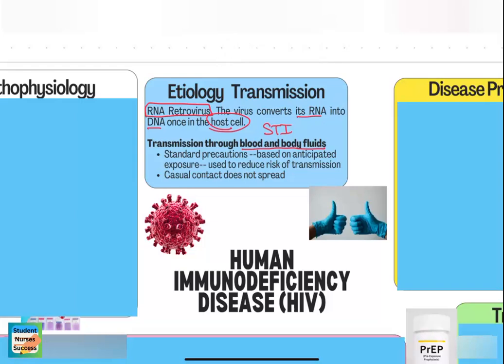Standard precautions are used for HIV prevention. Standard precautions are really based on the anticipated exposure, and they're used to reduce the risk of transmission if you're being exposed to blood or body fluids. So, for example, if you're changing a dressing and you may have contact with body fluids, you would maybe use a gown if it was a big dressing change, and you would definitely wear gloves.